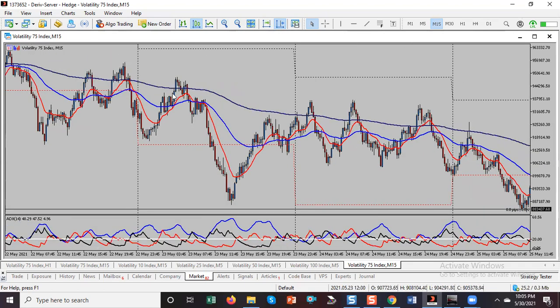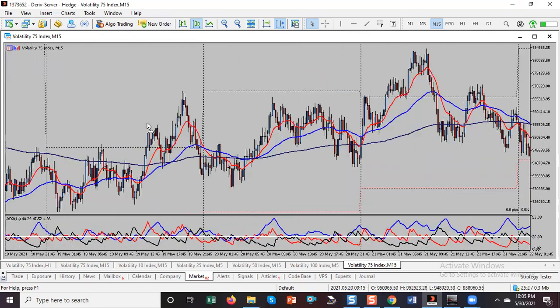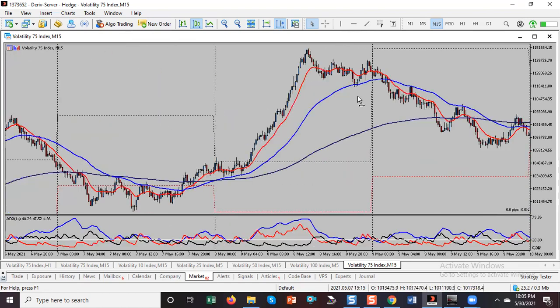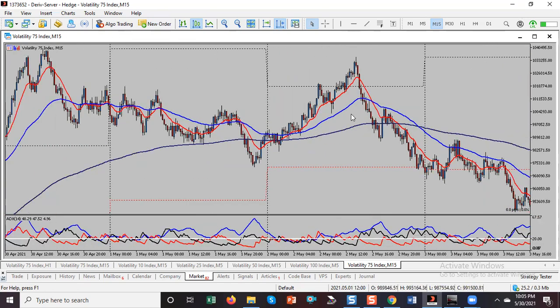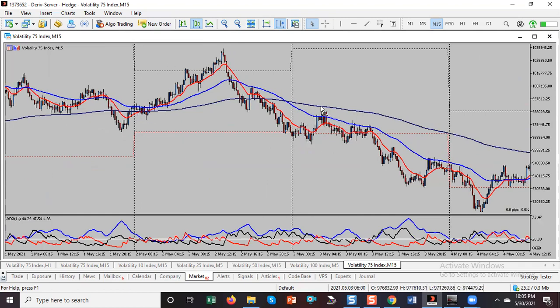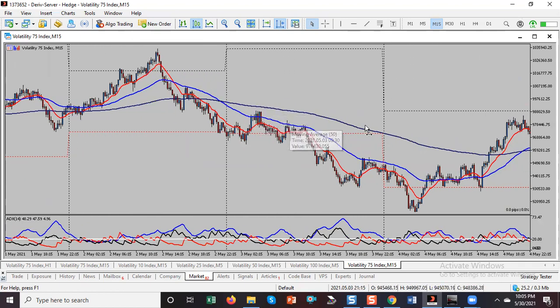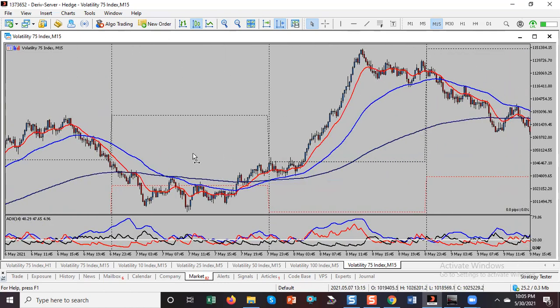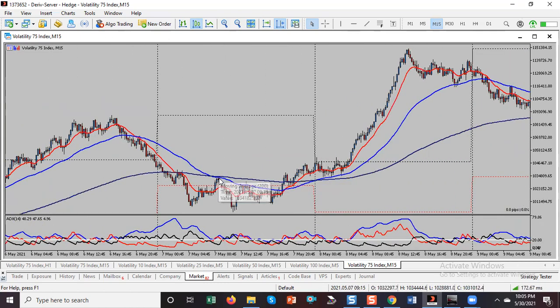So let's take some examples. I will start from 1st of May 2021. So let's go back to 1st of May. So this is 1st of May. Let's look at the chart. Here, price did not get to 200. Yeah, so you can see it's red. Look at here.